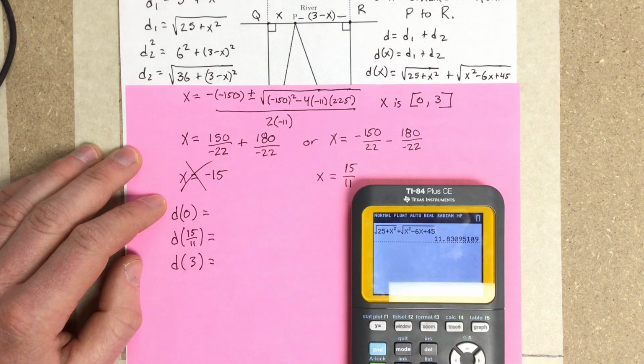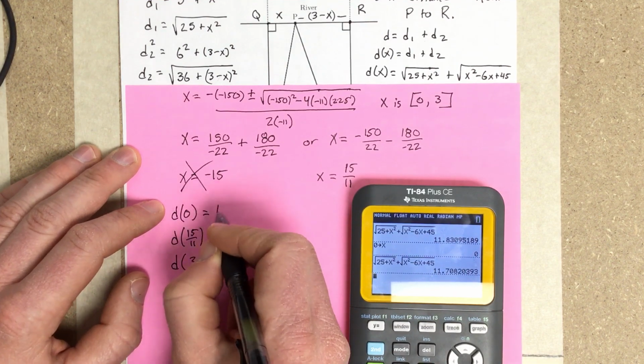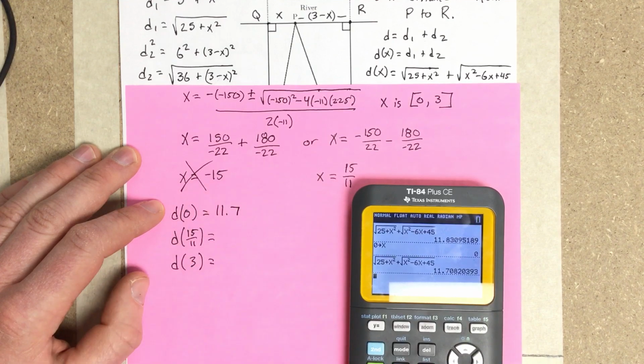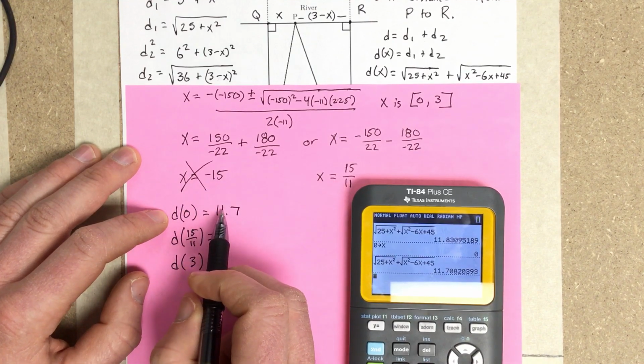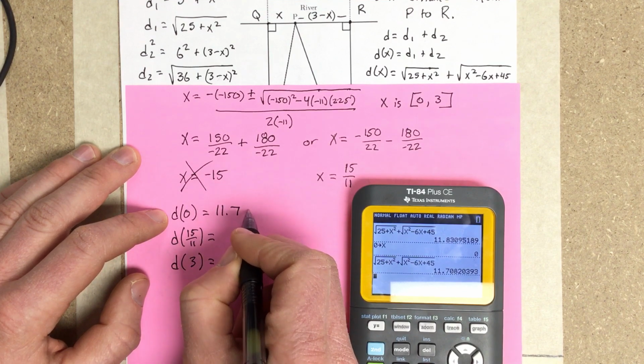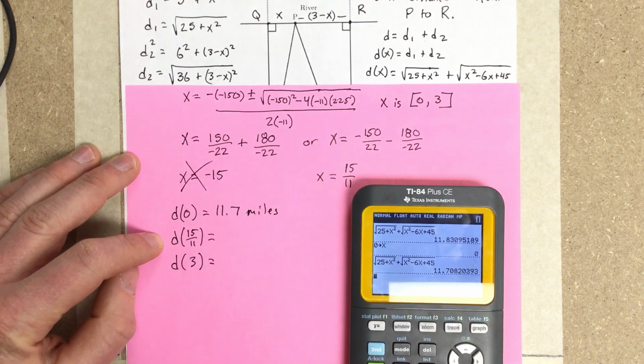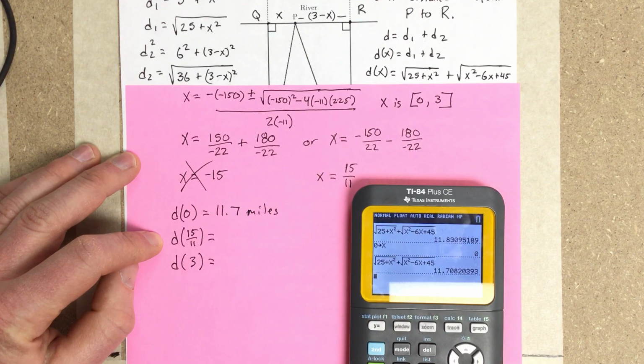And then we're going to plug in 0, store it as x. We got 11.7. So 11.7, this would be miles walked. Let's go ahead and do 15/11.